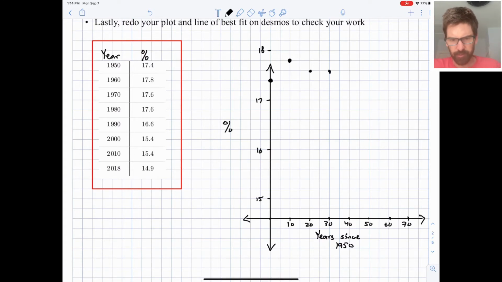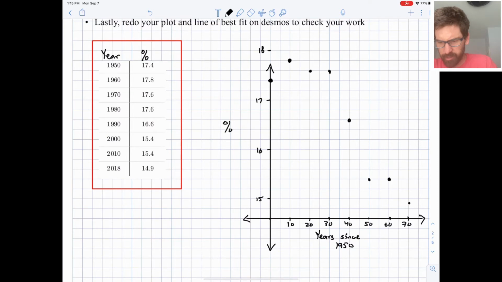And it looks like things really start dropping. In 1990, we had 16.6, so that's year 40. This is 16.2. In 2000, which is year 50, we had 15.4, so that is right there. Another 15.4, and then down to 14.9.